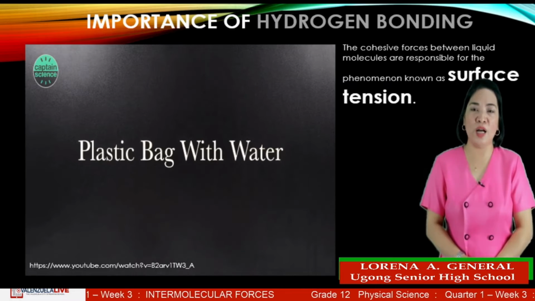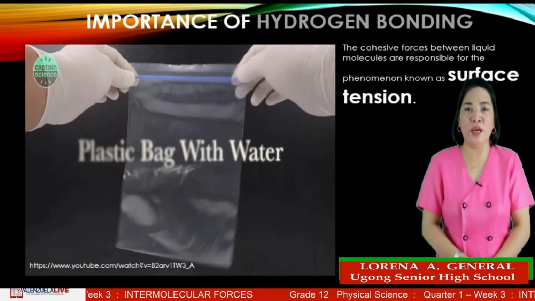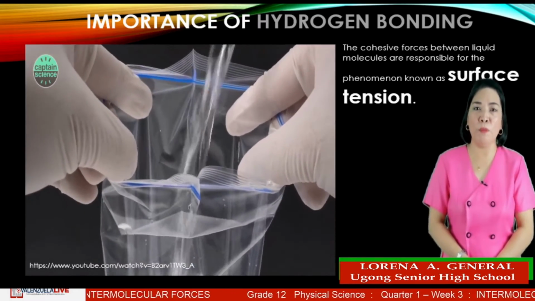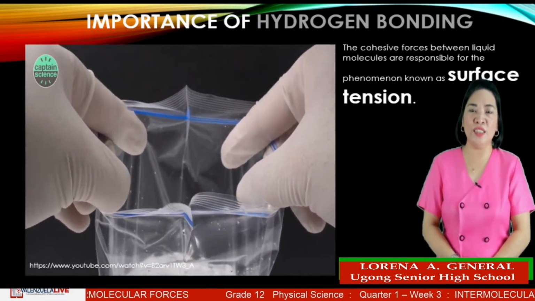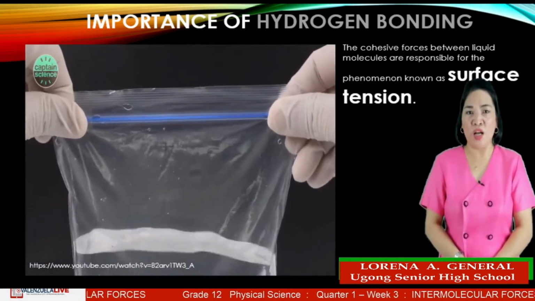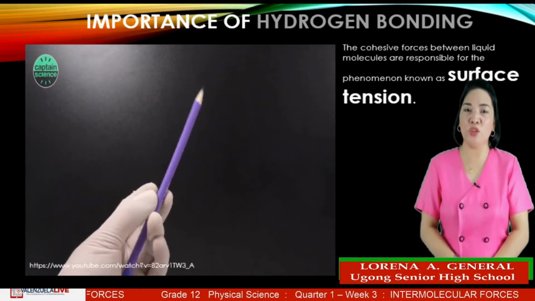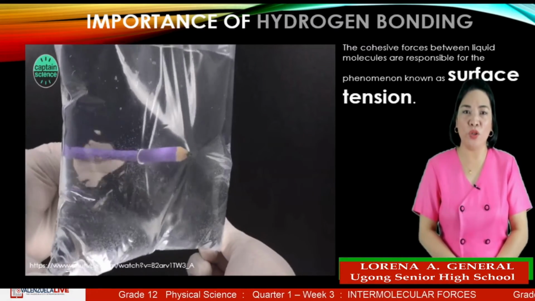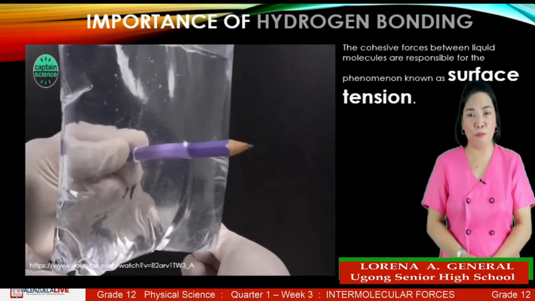The second importance of hydrogen bonding is what we call surface tension. The polar nature of the water molecule facilitates the hydrogen bond. An example is surface tension. Another name for the attractive forces of molecules to each other is adhesion. In the case of water, this is caused by hydrogen bonding.